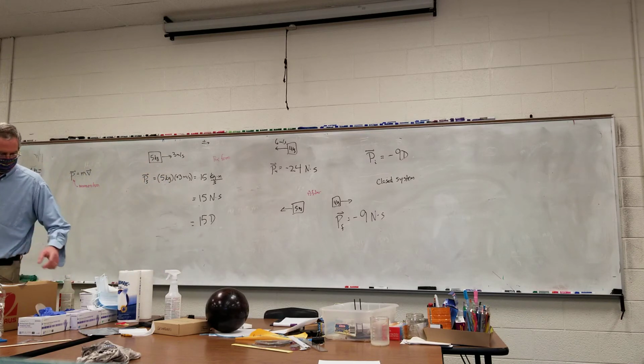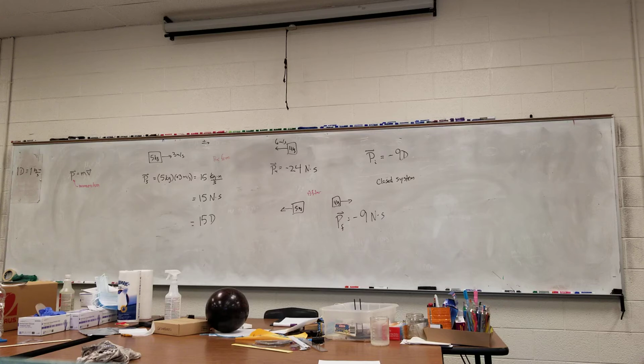So if I take this box and put it on the table, I'm going to push on it. So I'm going to apply an impulse to the box, giving it momentum. And then it stops. So did the total momentum in the box stay the same?